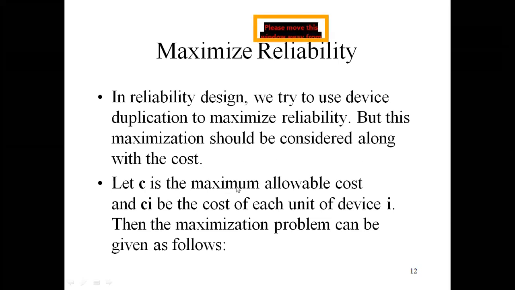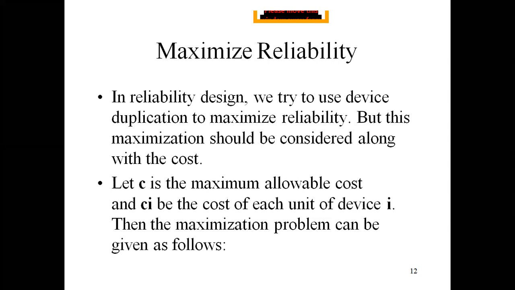Let's see the maximum allowable cost. C means the cost of the entire system. Suppose I want to design a system. What is the system here? In the system, we have multiple stages, and in each stage, we have multiple devices. This entire system I want to build, I want to design, then what is the total allowable cost?